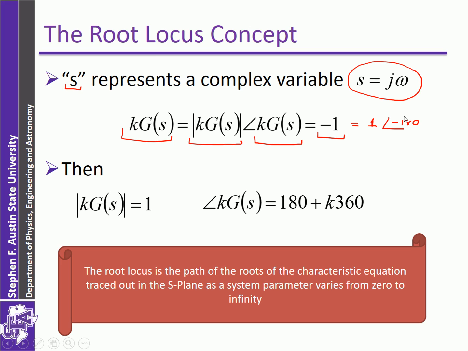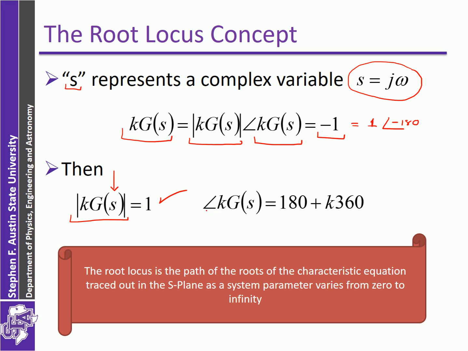So that means that the magnitude of k times G(s) should always be equal to 1. This is really interesting because it doesn't matter the value of s that we pick, that magnitude should always be equal to 1. So there's going to be a limited range of values of s that will satisfy this condition.